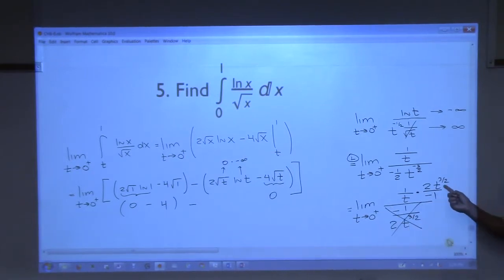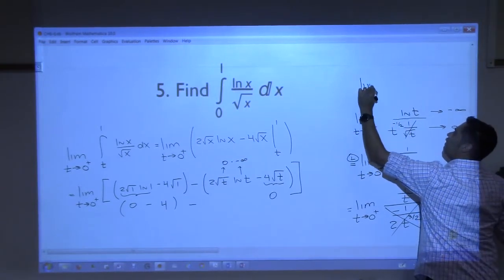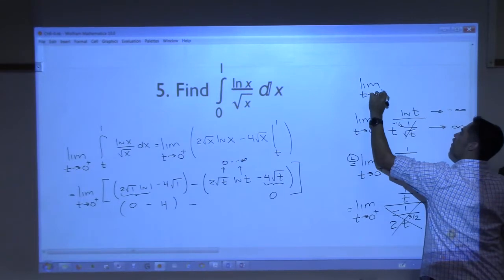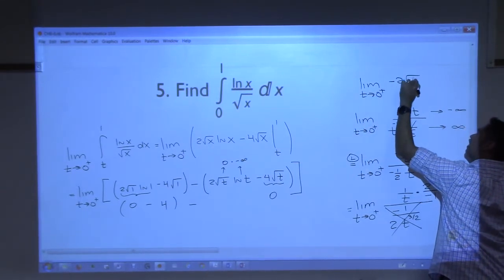And t to the 3/2 over t is just t to the 1/2, which is just root t. But I have a negative and I have a 2. So this is all just limit t goes to 0 from the right of negative 2 root t.